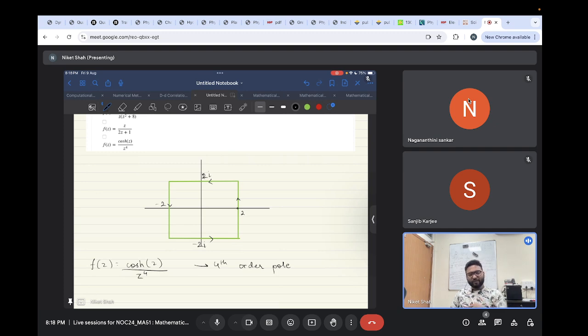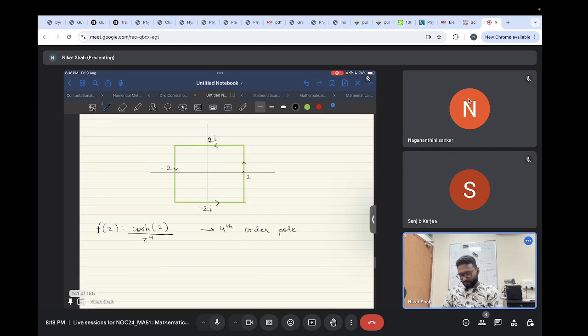So we use Cauchy's theorem corresponding to higher order poles, right? So we know that the cyclic integral of f of z divided by z minus z0 raised to the power of n plus 1 dz is equal to 2 pi i divided by n factorial times f superscript n of z0. Is this correct? You've seen this form, right?